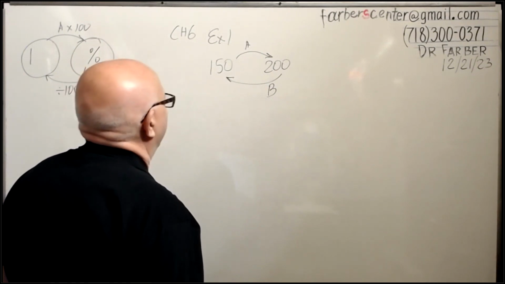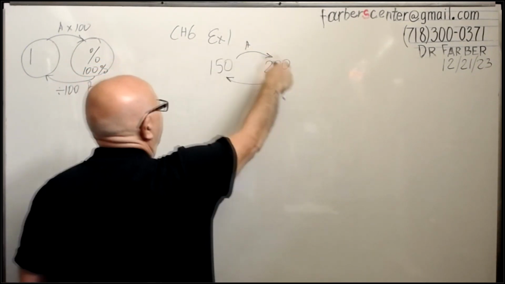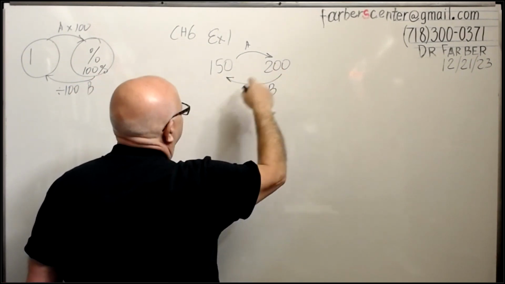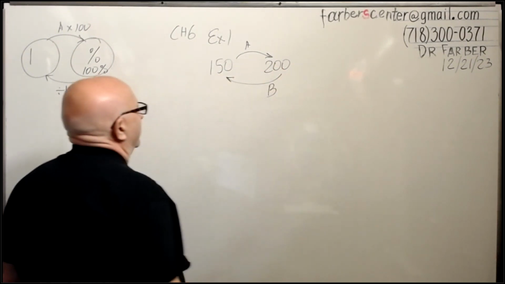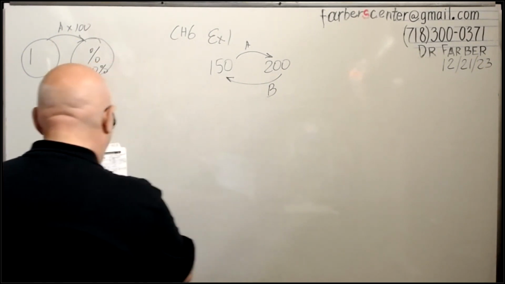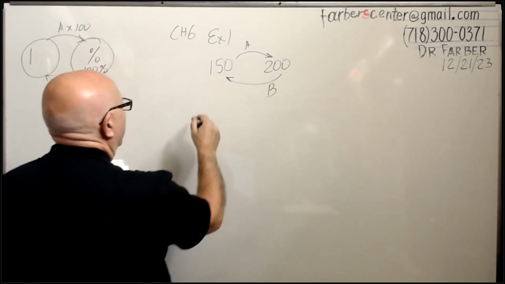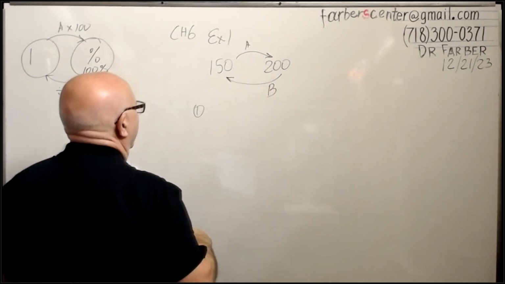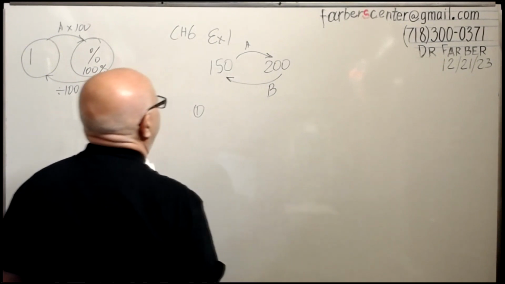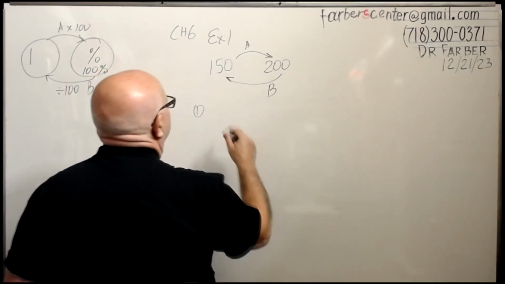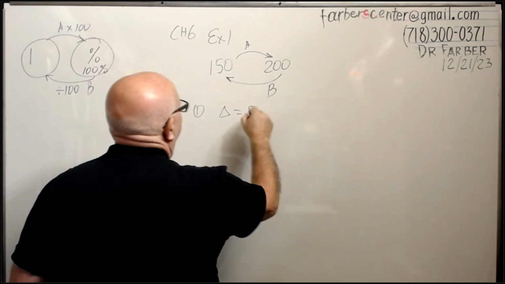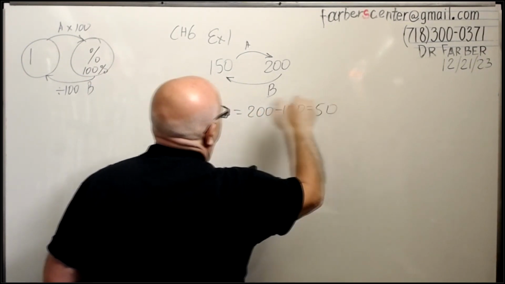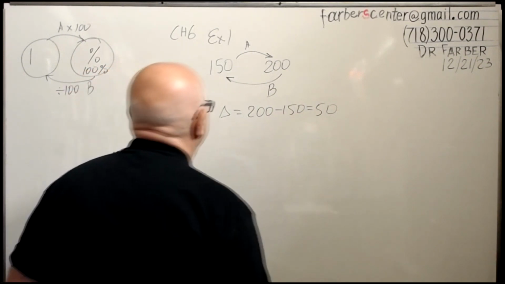This is not symmetrical, because for this move this is the base, and for that move it's this base. Let's do the same steps. Step 1, branch A or B: delta equals 200 minus 150, which is 50 people in either direction.